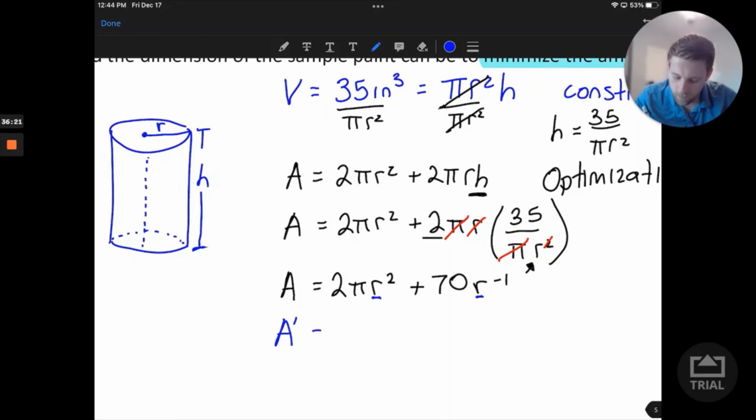We'll have 4 pi times r. So we'll bring that 2 down and raise the r to the 2 minus 1, which is 1. And then next, we'll bring down the negative 1 again here. We'll have negative 70 and then r to the negative 2.